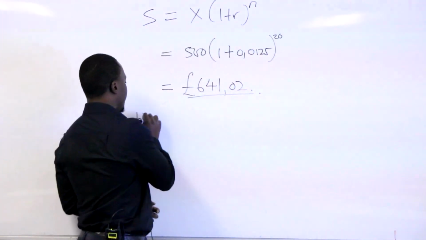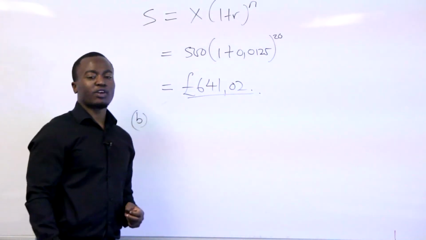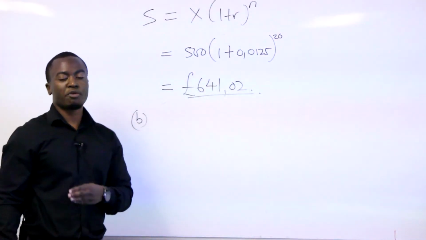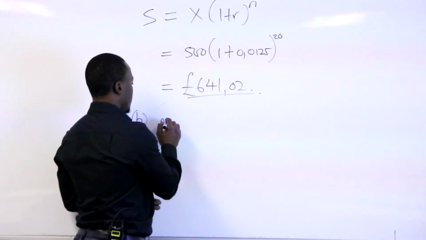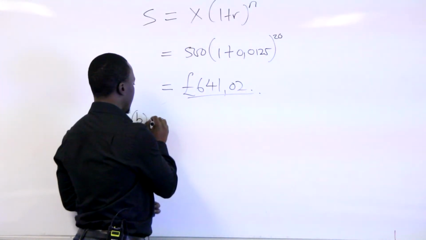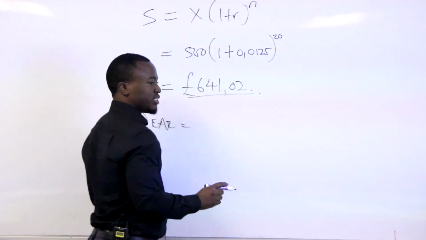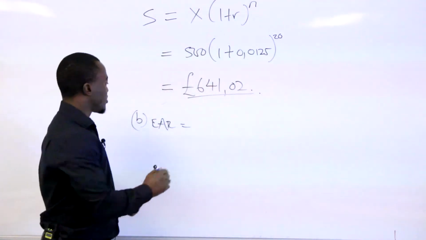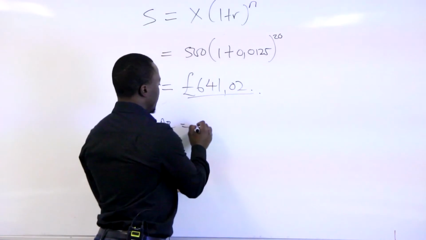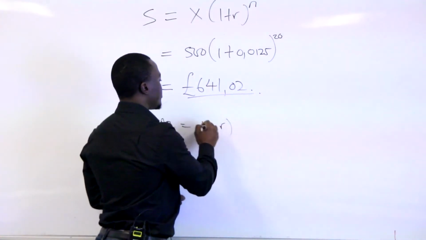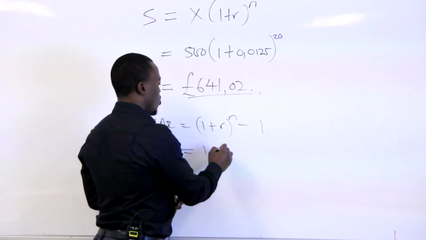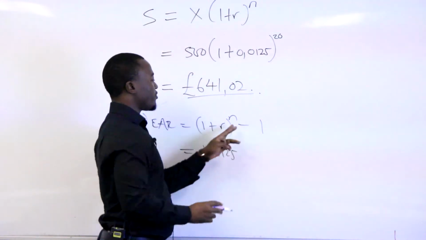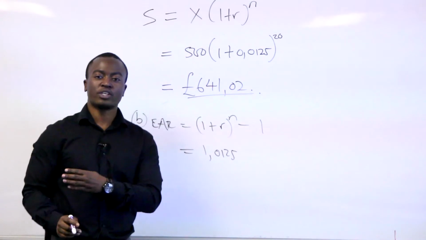Now part B of the same question required us to calculate the equivalent annual rate. It's calculated as, remember, 1 plus R to the power of N minus 1, which is 1.0125 to the power of N. How many periods are there in a year?